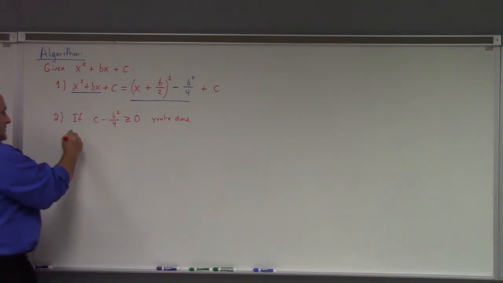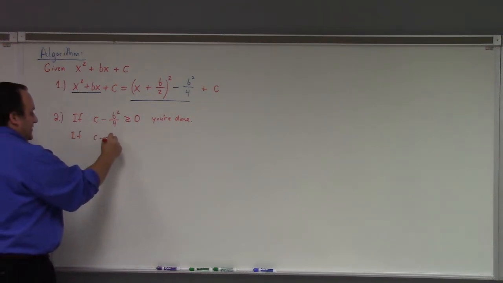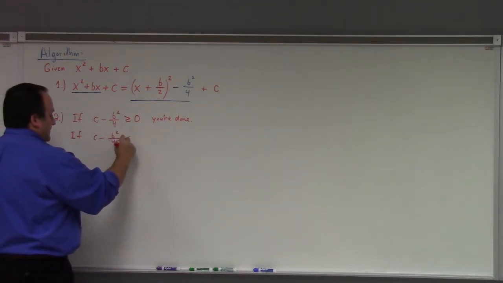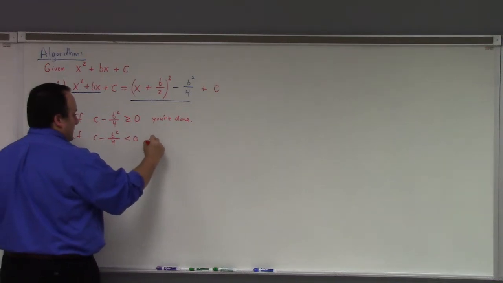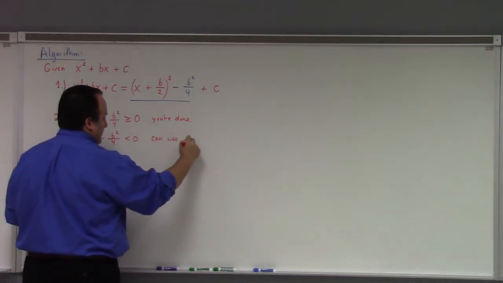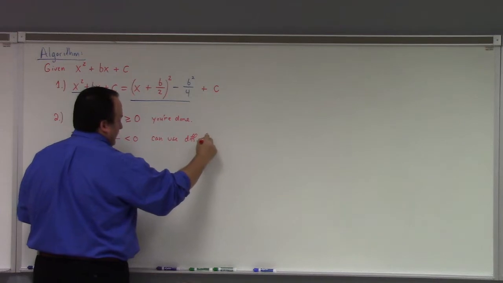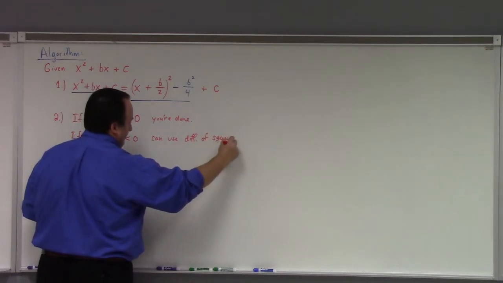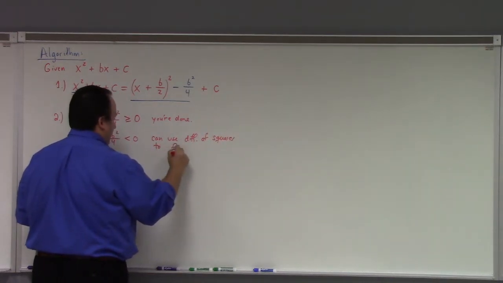The other case is if c minus b squared over 4 is less than 0, you can use difference of squares to factor it.